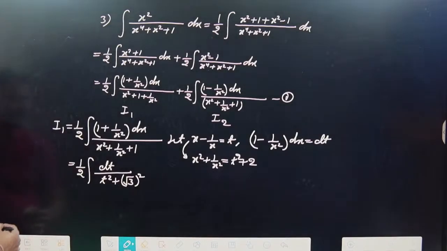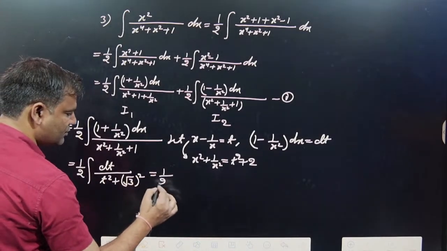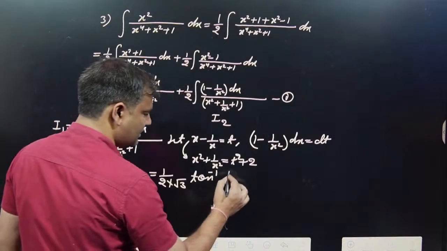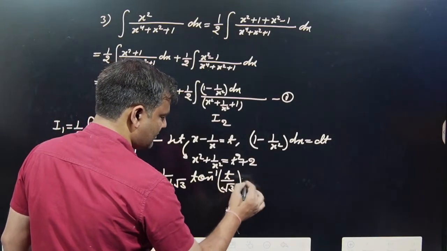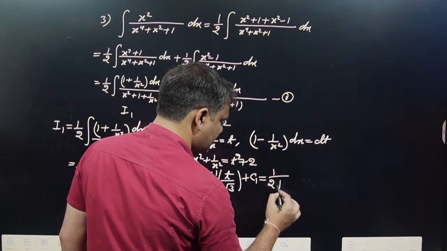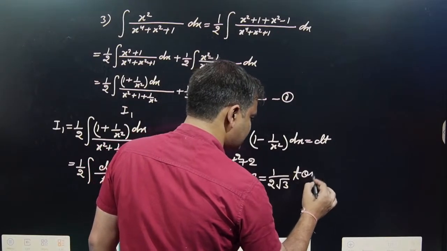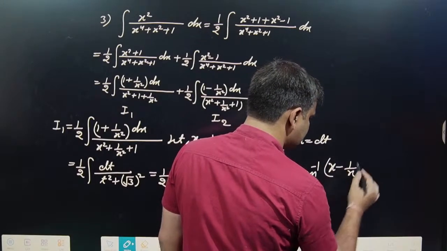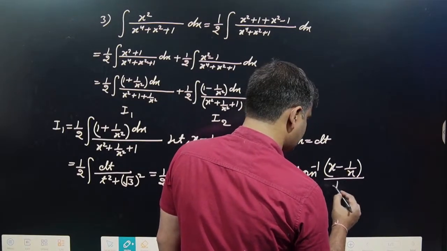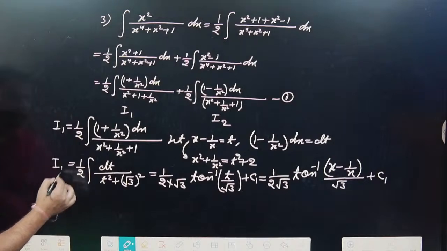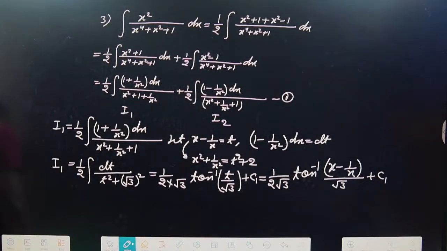After that, look here, that one is written as 1 by 2 into, a is root 3, into tan inverse t divided by root 3 plus c1, or you can say 1 upon 2 root 3 into tan inverse t, basically x minus 1 upon x upon root 3 plus c1. I hope it is clear. This is I1.